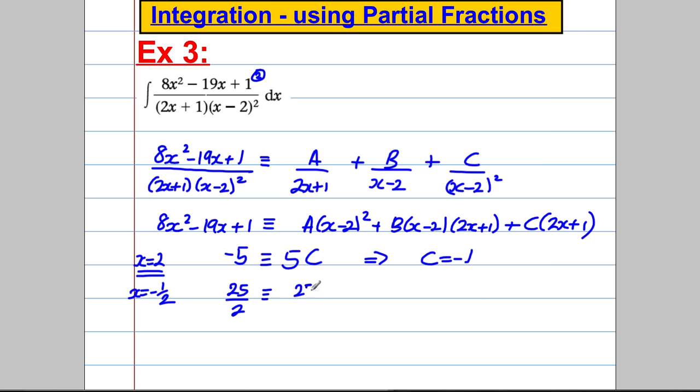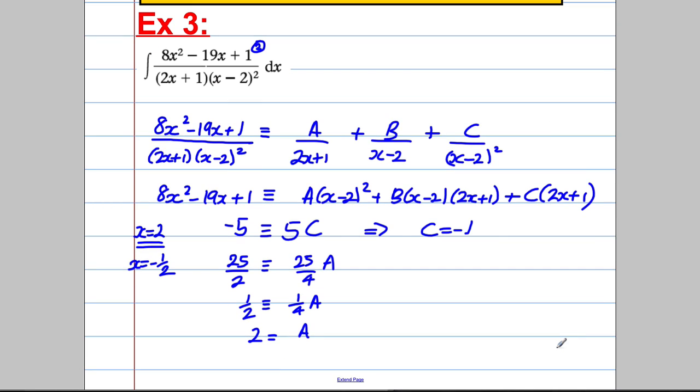So this would be 25 over 4 A. Divide both sides by 25, I'd get a half is identical to a quarter A, and therefore A must be equal to 2. Times both sides by 4. So A is equal to 2 in this case.